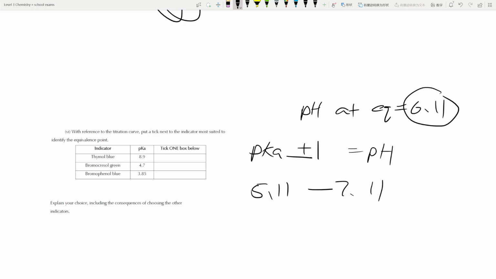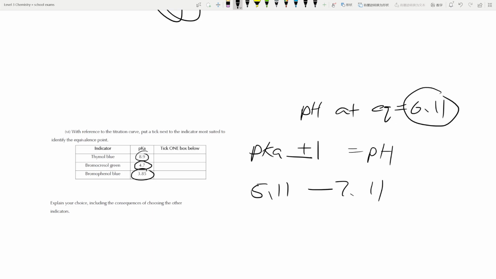And if you look at these three indicators, they all suck. These two are way too low, and this one's way too high. Now, which one do you choose here? Ideally, I wouldn't choose any of them because they all suck.